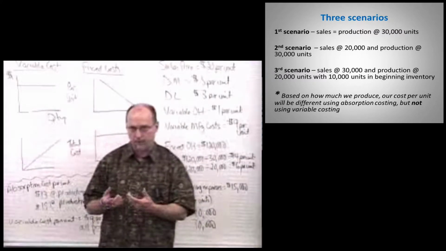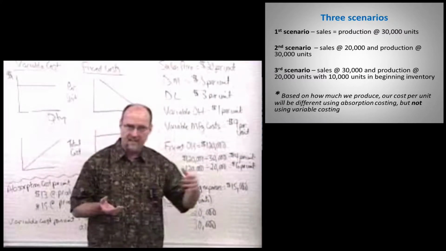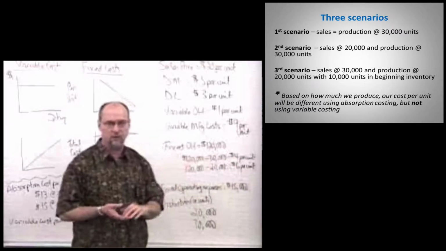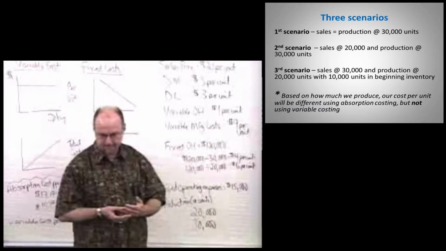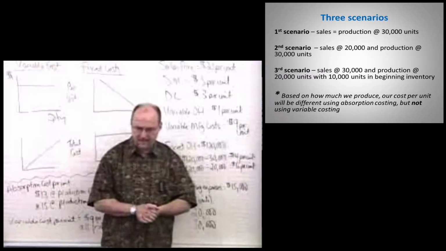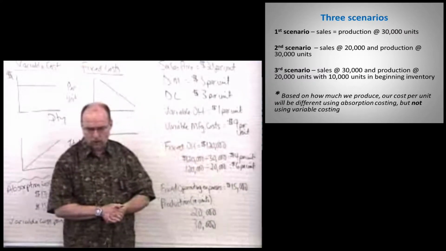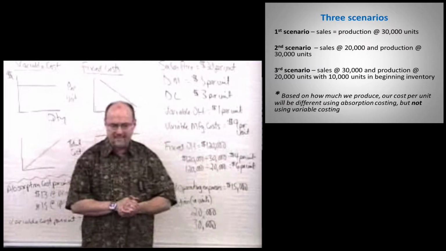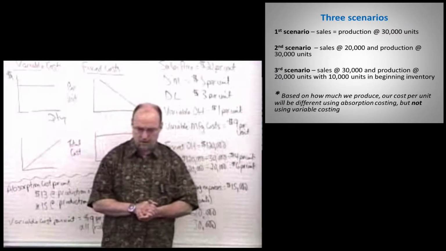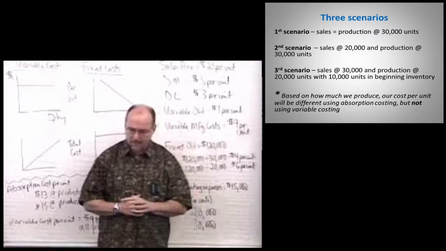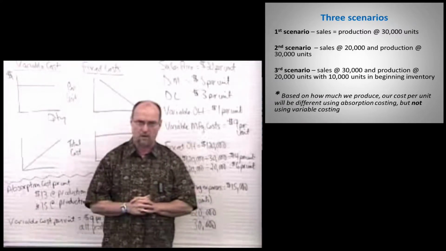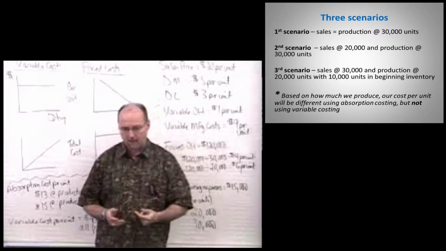This period we only produced 20,000, and we sold 10,000 units that were already in inventory. And notice what it says on the bottom. Based on how much we produce, our cost per unit will be different using absorption costing, which is what we have to use for reporting purposes, but will not be different using variable costing. And this is the benefit for variable costing.